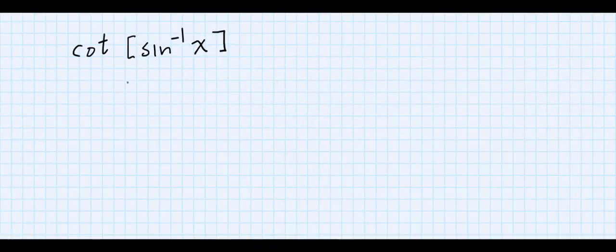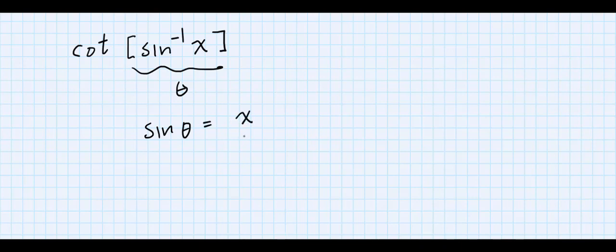Let's take a look at our last example. You have cotangent of inverse sine of x. So this, again, represents a theta. So sine theta is x. If you change x to a fraction, you get x over 1. The restriction on inverse sine is negative pi over 2 to pi over 2.